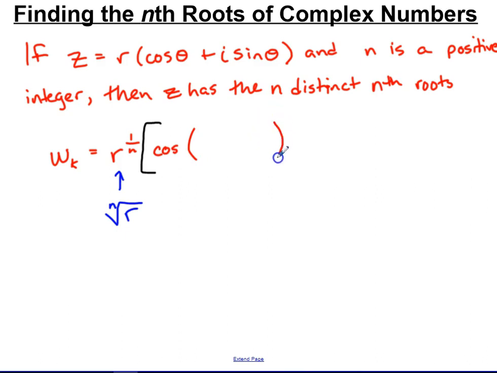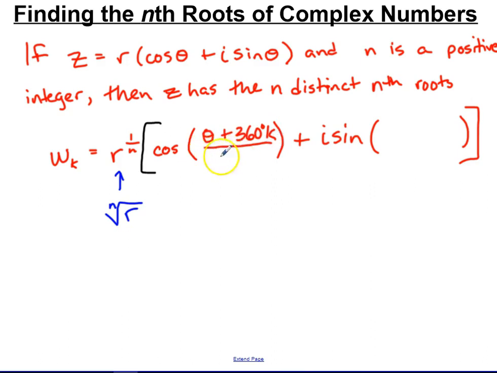Now, this angle might seem unusual, and we'll have to unpack where this came from. The angle is this: you're going to take your theta plus 360 degrees times k and divide that by n. We'll talk about why that is.